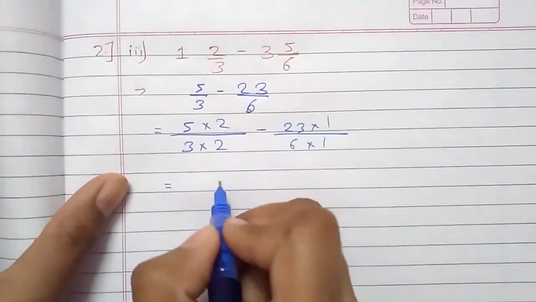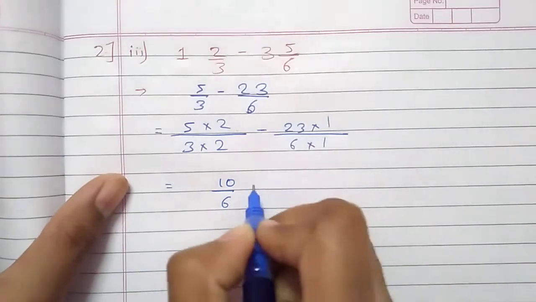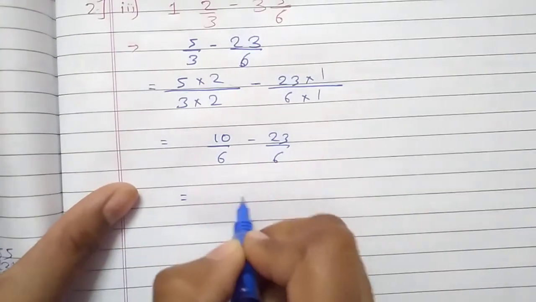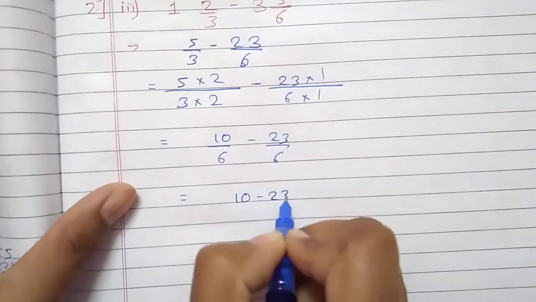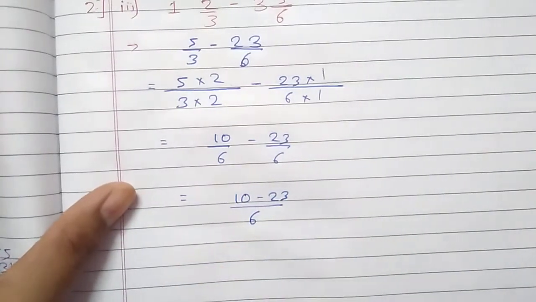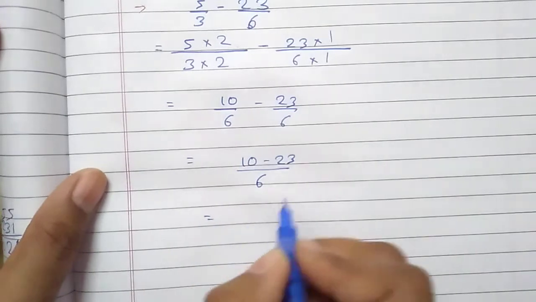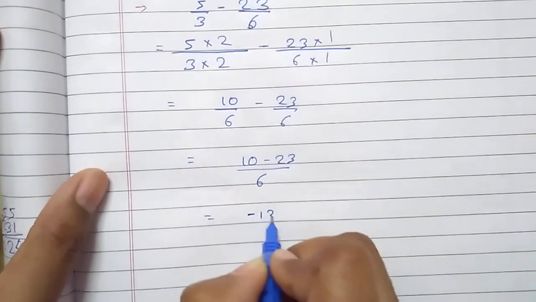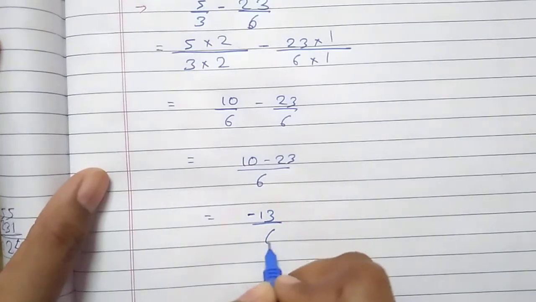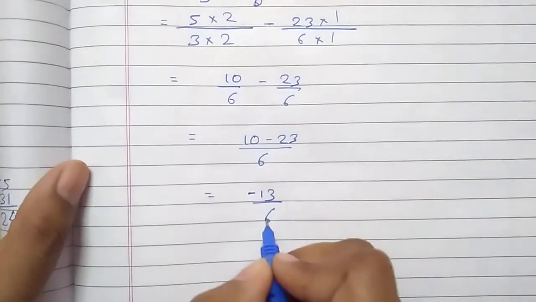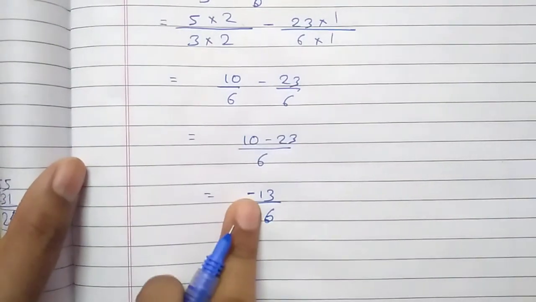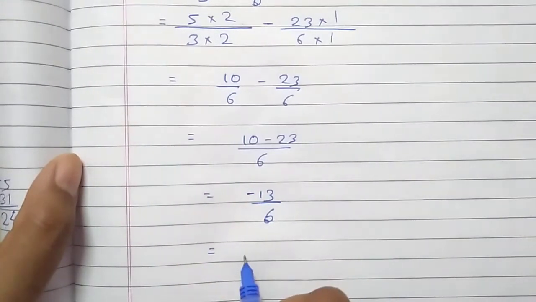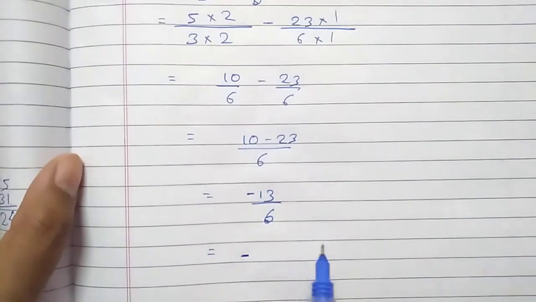Now write here 5 2s are 10 upon 6 minus 23 upon 6. Here 10 minus 23 upon 6. Then you all will get minusing this both. You get minus 13. Here upon 6. It will not divide. See here. 6 2s are 12 and plus 1 you all can write. Minus take at side.